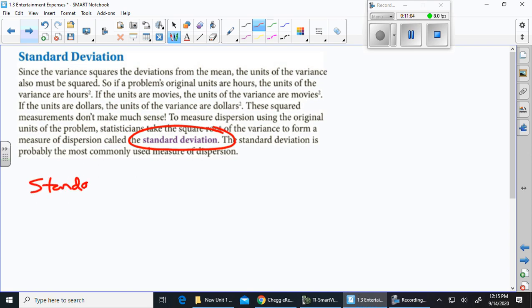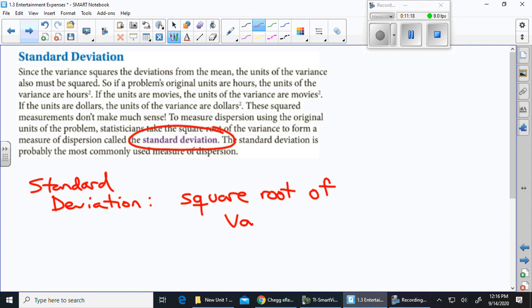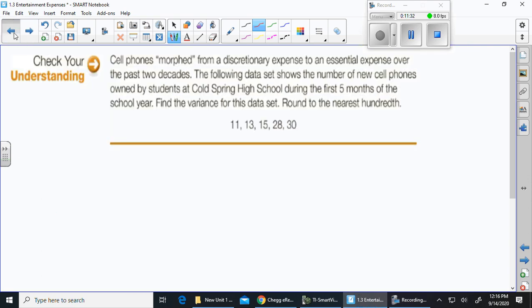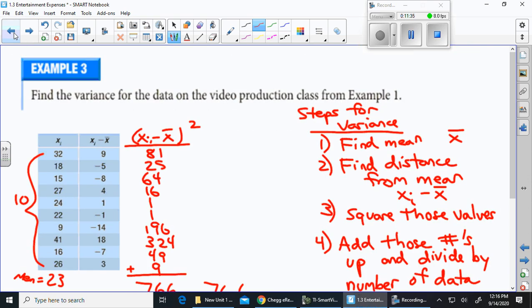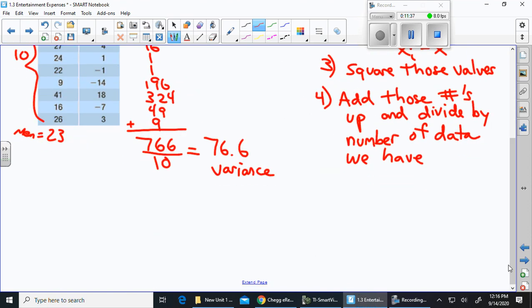Now, really, what do you want? Why did I have to do all that other stuff? Main reason, the standard deviation is the square root of the variance. If you can find the variance, all you have to do is square root it to find the standard deviation. So, going back to that example, how would I find the standard deviation?